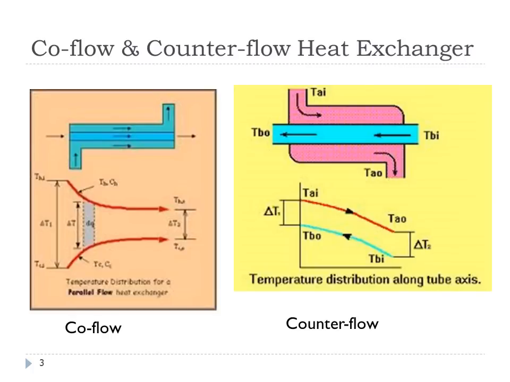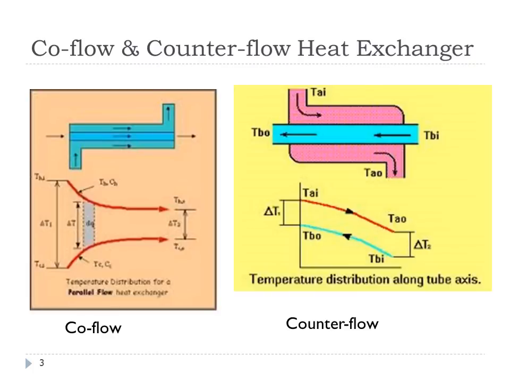It's very different than the co-flow case, in which there was a very large difference between one side and the other side. And when you are trying to minimize exergy destruction, you want to have a small and constant heat exchanger delta T, and that's what you can get in the counterflow case.